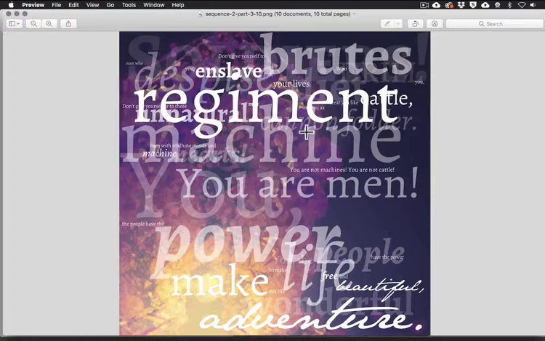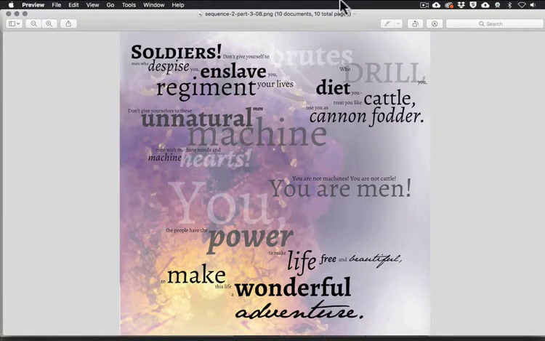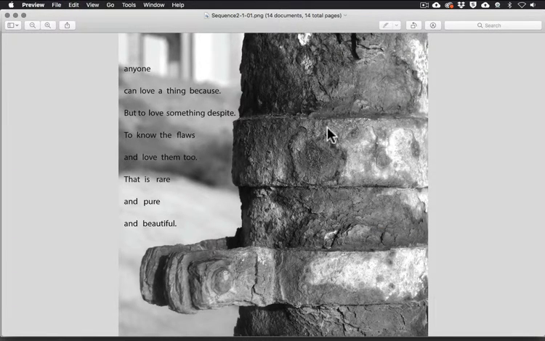That being said, you also have color, you also have type treatment, and you also have imagery. So you can keep things simple.